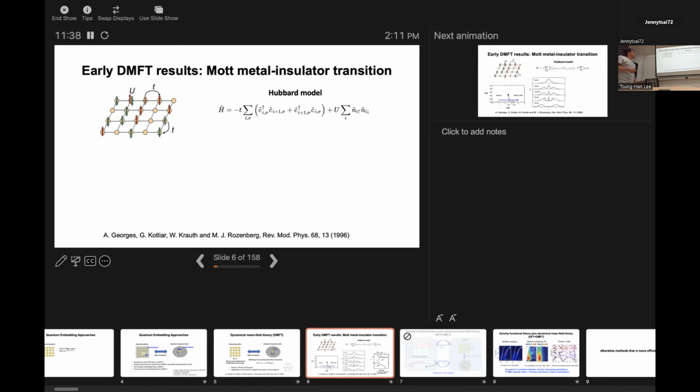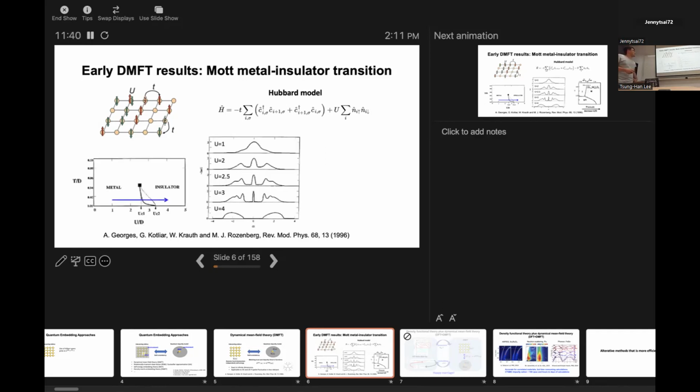So DMFT is one of the most successful theories to describe this type of metal to insulator transition as one tunes up the Coulomb interaction. And there is no structural or magnetic transition as the system transforms from metal to insulator.